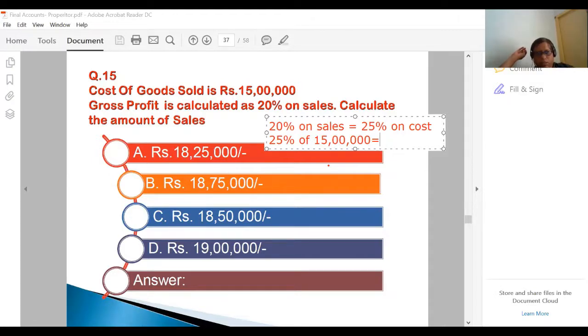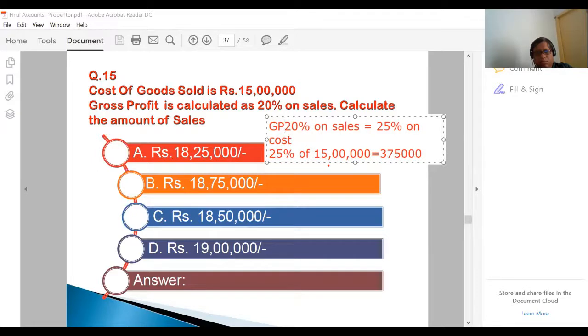3,75,000, sir. So 3 lakh 75 thousand is the gross profit, GP. So GP we can calculate.